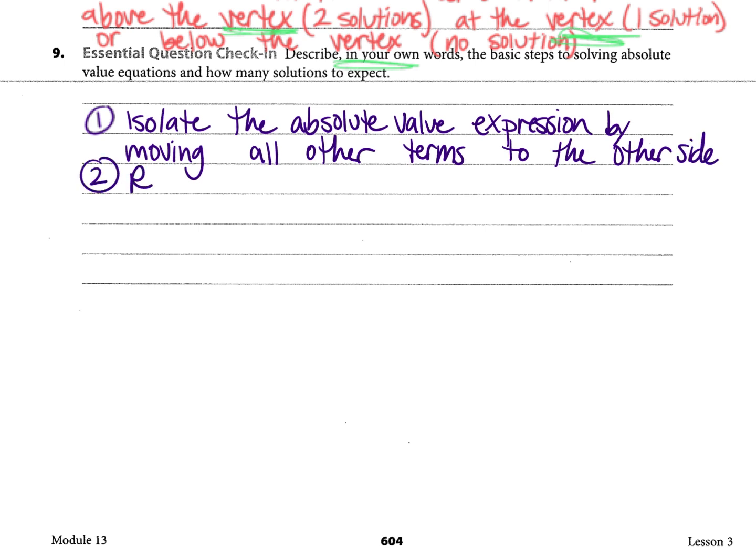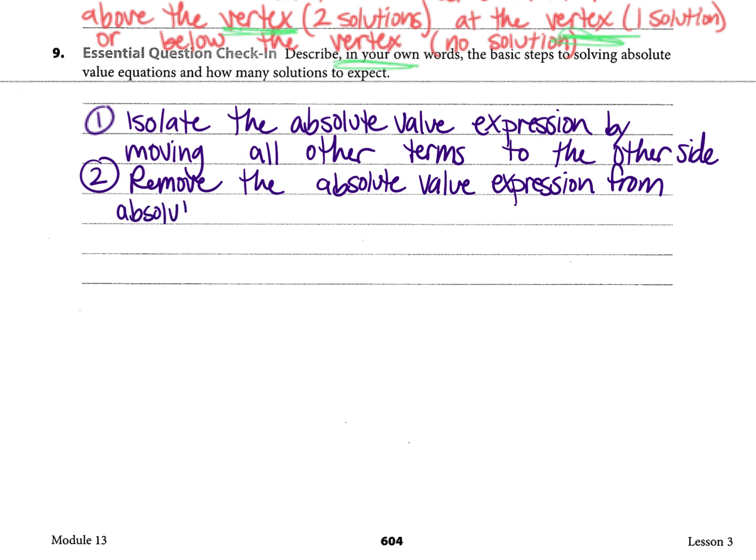Step 2, remove the absolute value expression from the absolute value bars and create 2 equations.